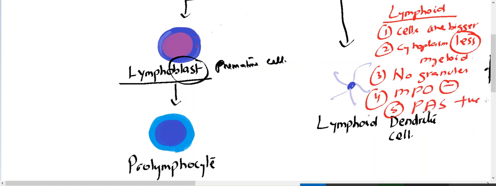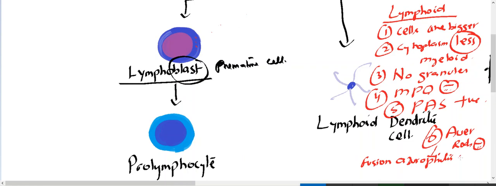Okay, if you know this concept, guys, it will be so easy for you to exclude the other options and you can answer the question faster. So Auer rods are negative, because myeloperoxidase is negative, and Auer rods are nothing but fusion of the eosinophilic granules, and eosinophilic granules you will see in the cytoplasm of the neutrophil or a promyelocyte. So let's say this is a neutrophil, or a promyelocyte.